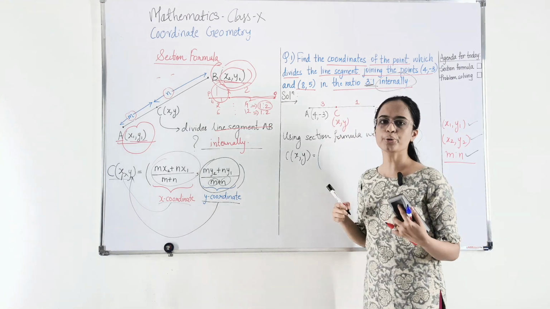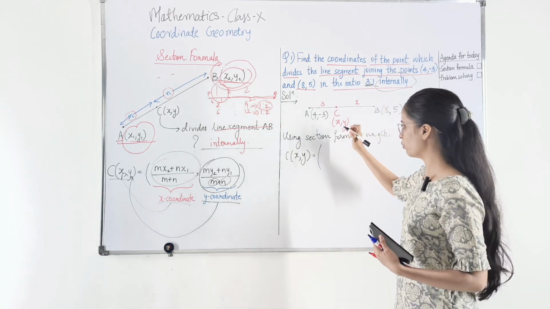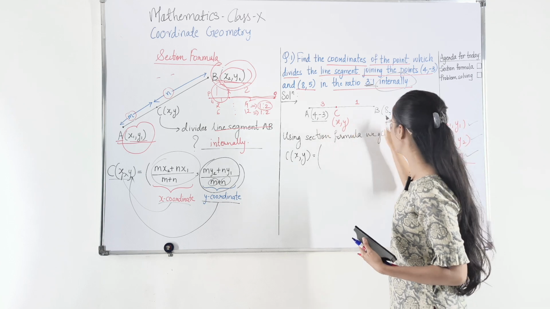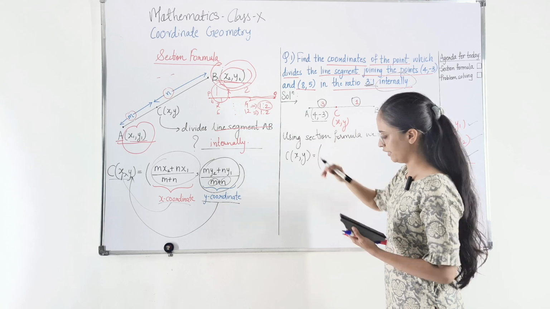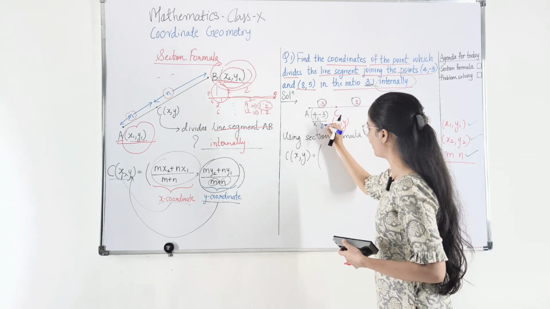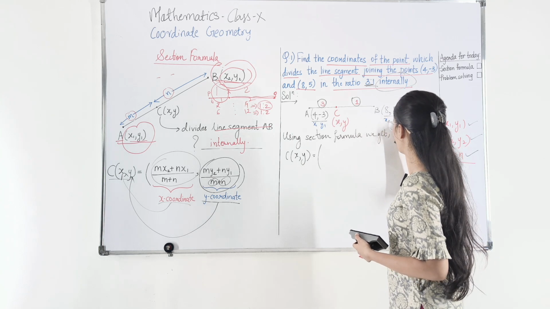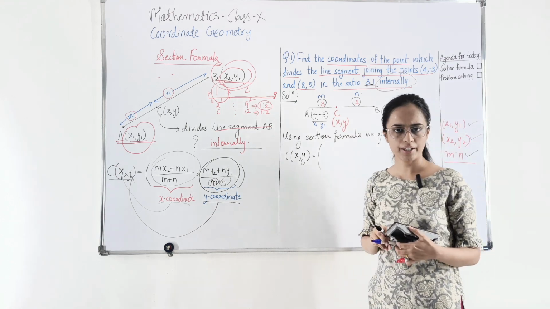Now how are you going to remember it? Yes, what are we supposed to use? We are supposed to use this, this, this and this, wherein if you see, this is your x1, y1, x2, y2, your m value and your n value, right?